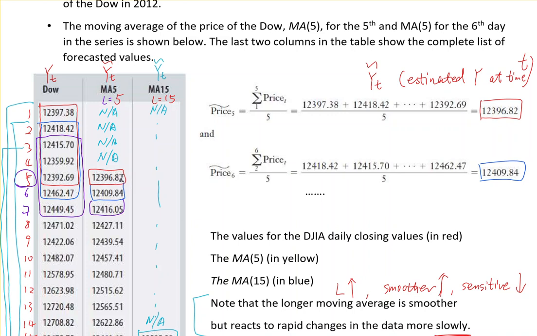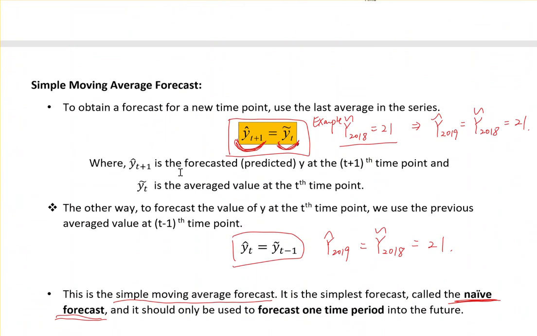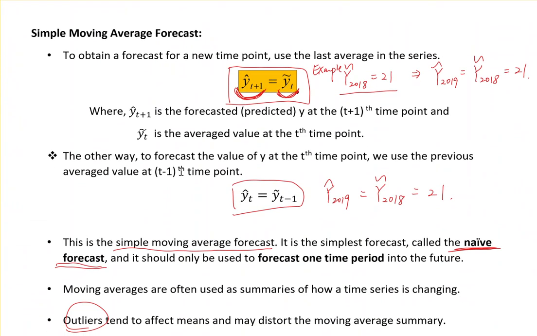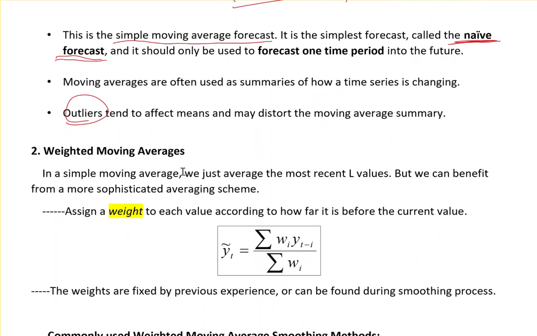And then if you use this to make the prediction for the next time point, your prediction will be much higher than it should be, right? Okay, so this is the simple moving average forecast. All right, so this is called naive forecast.